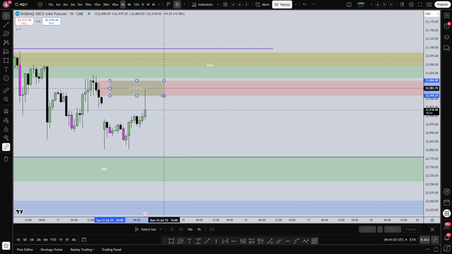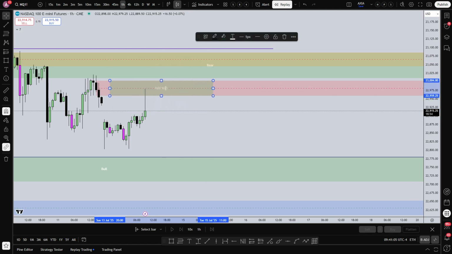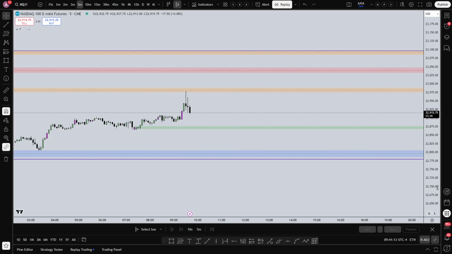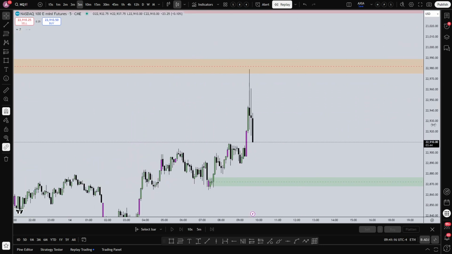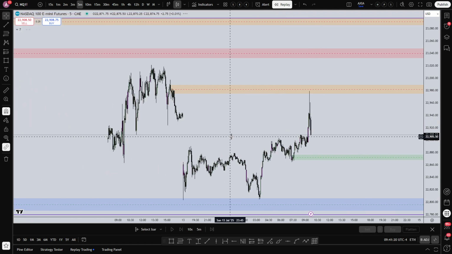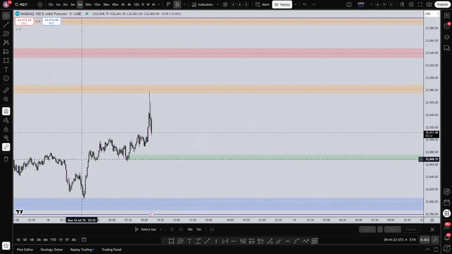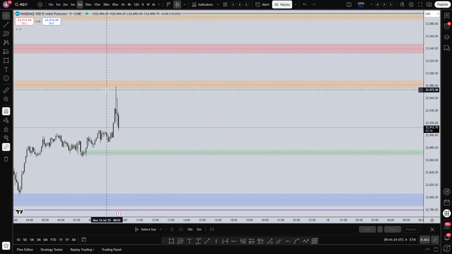My bad. Where H1, jumping onto lower time frame. See this thing. See this expansion. Expansion going into there. This is a, what is this? This is a bearish zone.